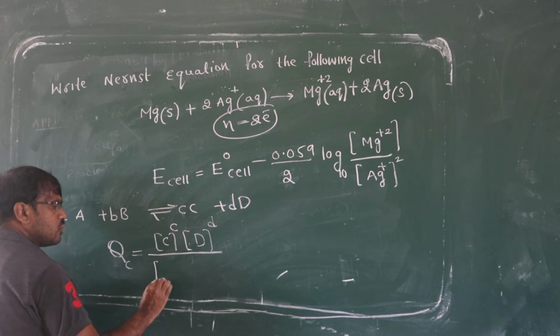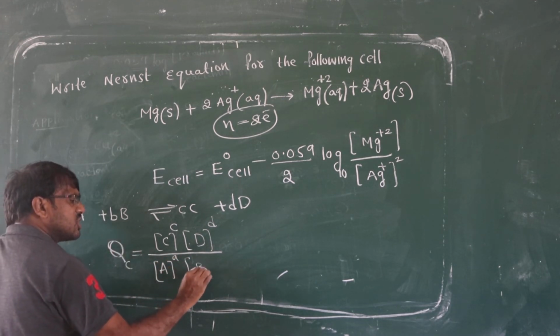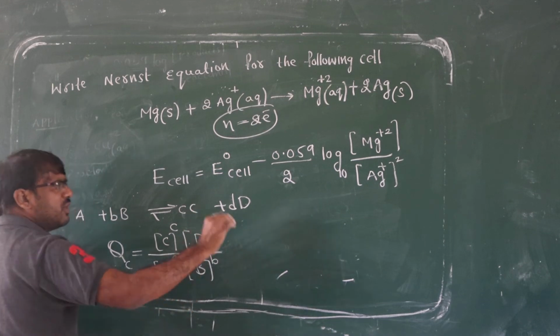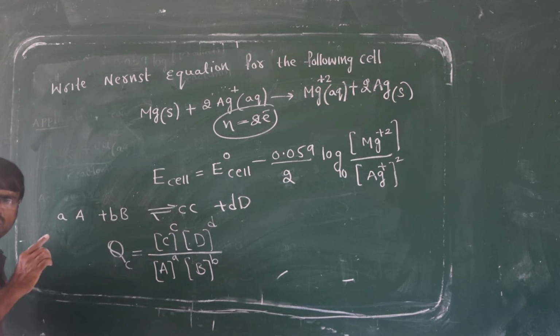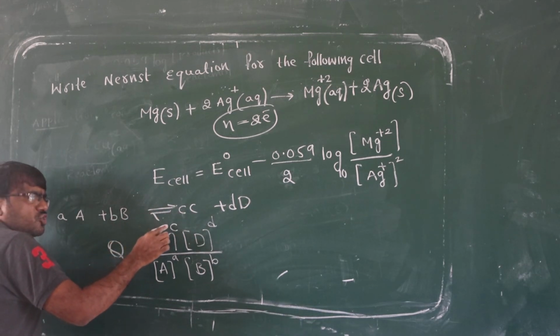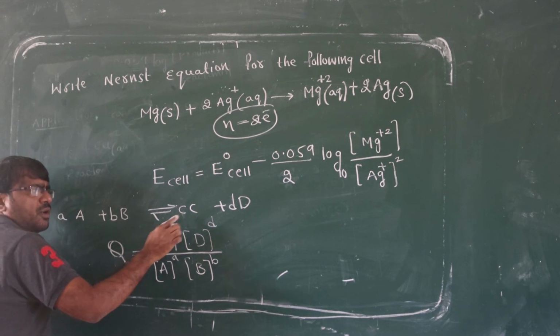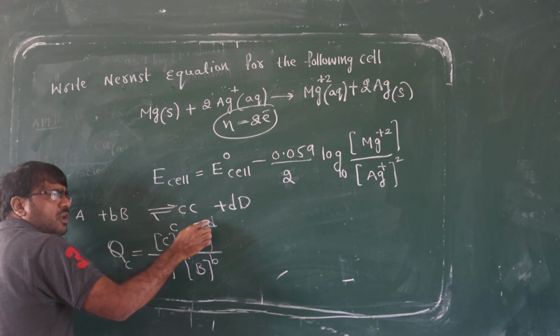Next, concentration of A power a, concentration of B power b. That is the way of writing the reaction quotient Qc. Whatever is in front of C must be taken as its power, and whatever is in front of D must be taken as its power.